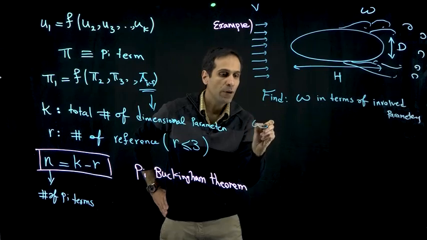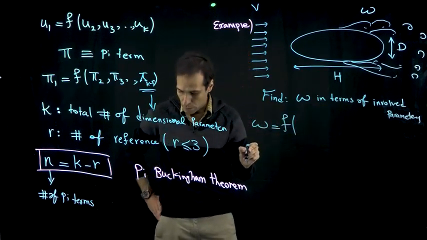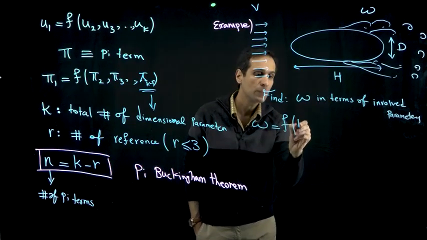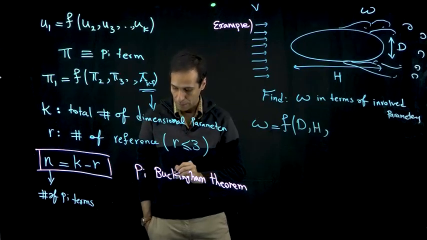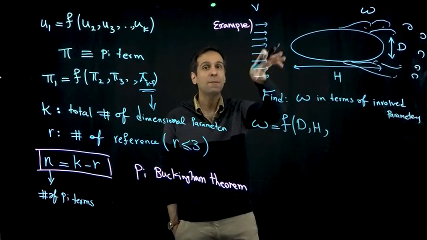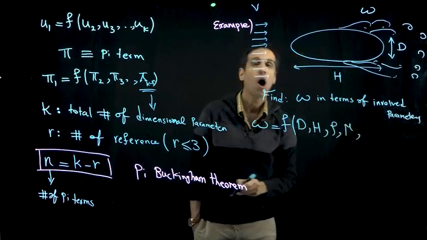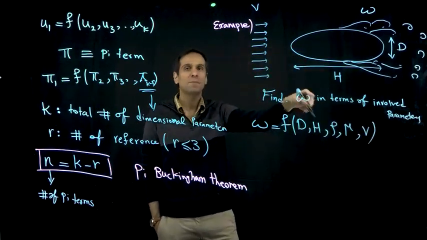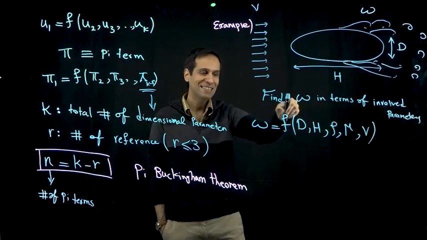Okay, for example, omega can be a function of geometrical parameters, D and H, for sure, it's obvious. These are geometrical parameters. Also, it depends on the fluid properties here, rho and mu. Also, flow property V. After some experiments, we can find this. At first glance, it's not evident, but this is given to you.